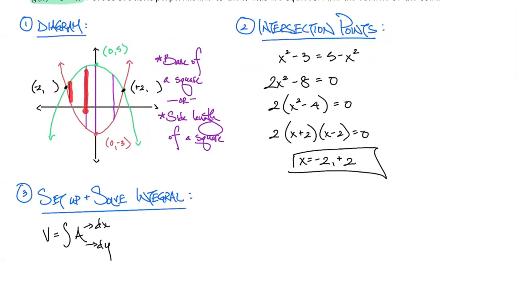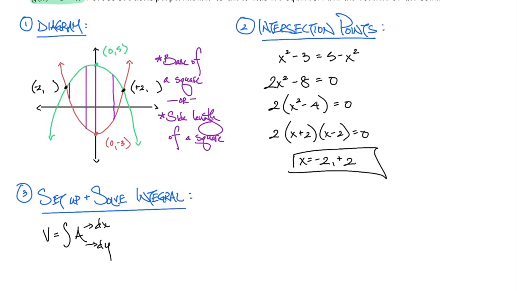Now, if we look at all of these purple lines, we are going to start here. We're going to line up all of these bases of the squares, and we are stacking them along the x-axis.